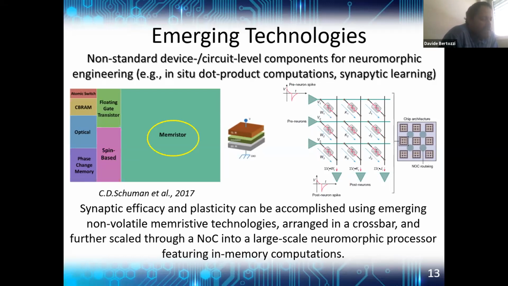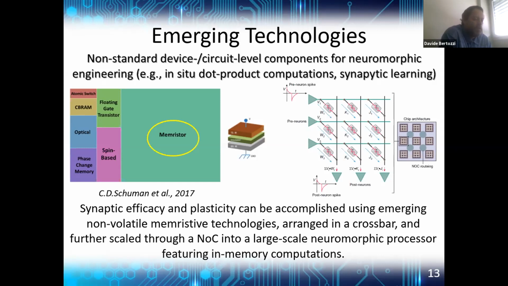These crossbars, and especially the constituent building blocks, memristors, exhibit two of the most important characteristics of biological systems, synaptic efficacy and synaptic plasticity. The plasticity is the ability to modulate the weights of the synapses based on a particular learning rule. The synaptic efficacy refers to the phenomenon of generating an output based on an incoming spike.